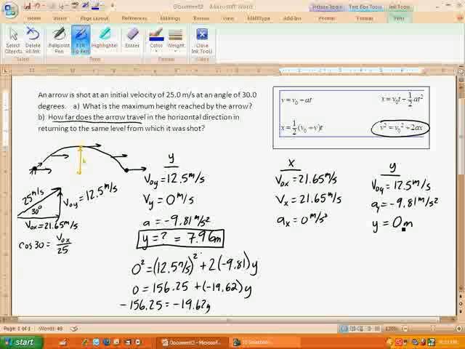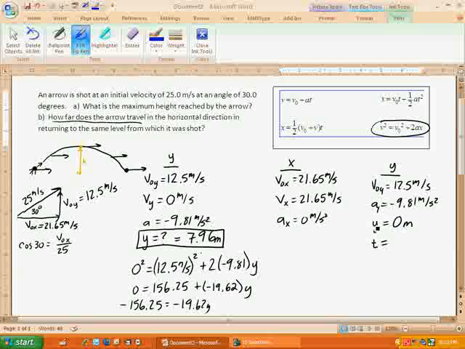Okay? And so given this, I should be able to find the amount of time that it takes to go from here over there, because I'm going to find the amount of time it takes to go up and down, which would therefore be the same amount of time that it's traveling in this direction. Okay, so I've got v naught y, I've got acceleration in the y direction, I've got the vertical displacement, and I've got time.